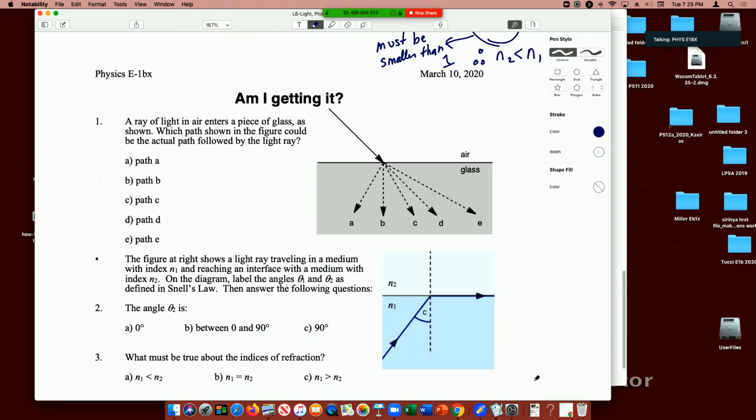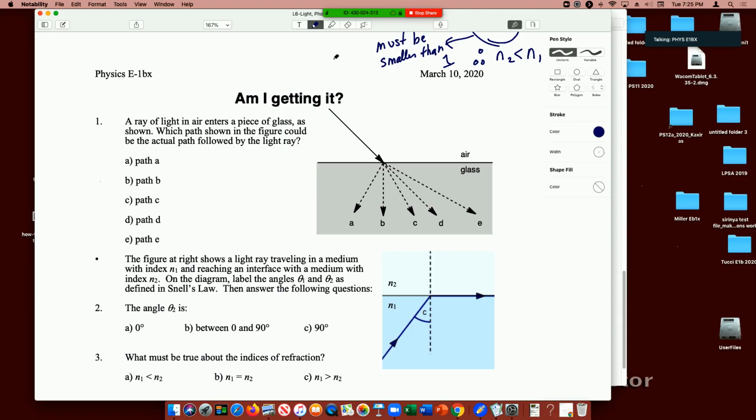Okay, so the fiber optic cable. This is a fiber optic cable, and I've got a laser here. Basically, how fiber optics work is there's total internal reflection happening many times along the length of the cable.